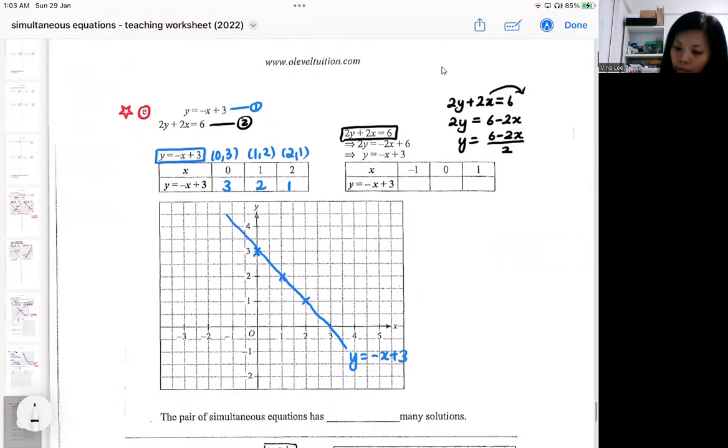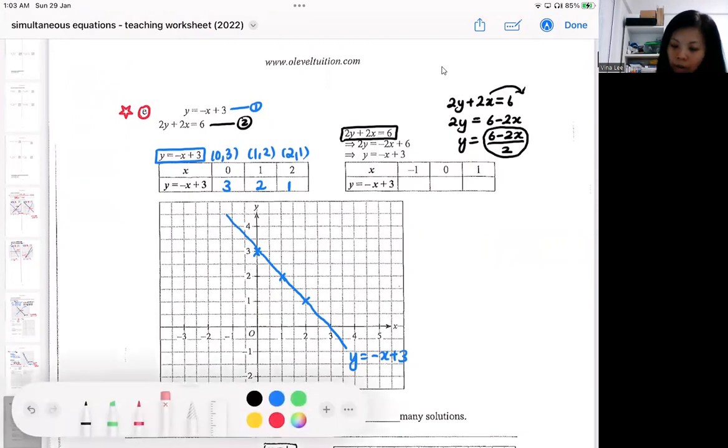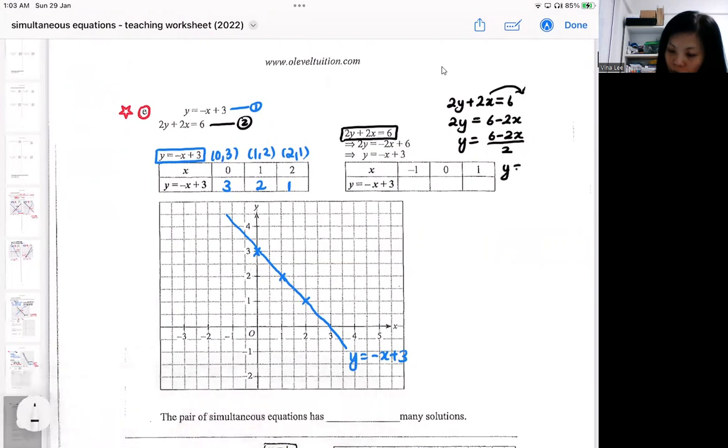Okay. So you can actually do this. This is essentially the same. It's actually the same as 6 over 2. So that's how we get the 3 minus x. So I'm trying to simplify until it's easy for us to calculate.